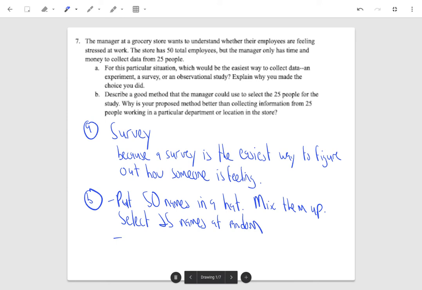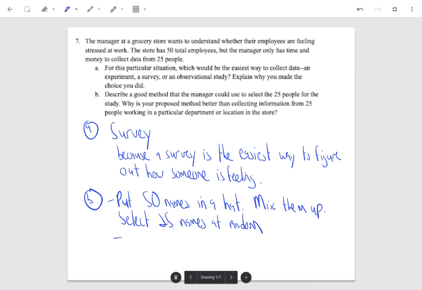The second part, why is your proposed method better than collecting information from 25 people working in a particular department or location in the store? Well, we talked about it.